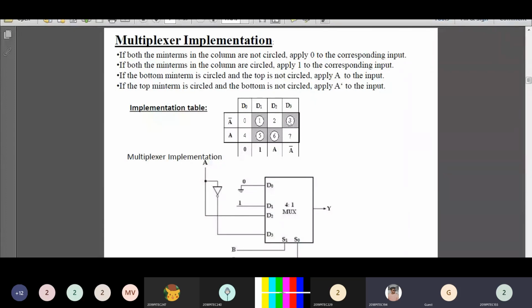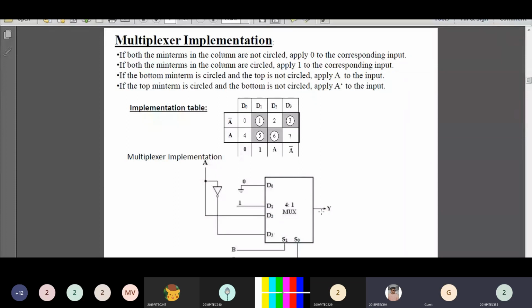In this, min term 3 is circled, so you see the variable in the row side. In the row side you have A dash, so the value of D3 is A dash. Now we are going to implement the function using 4 cross 1 multiplexer. This is the diagram of the 4 cross 1 multiplexer.